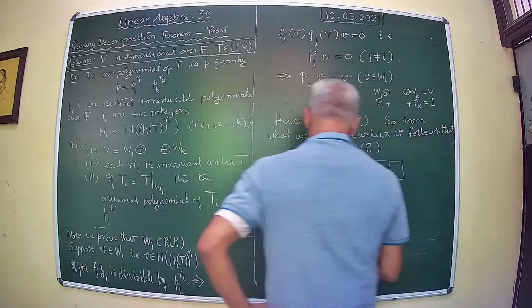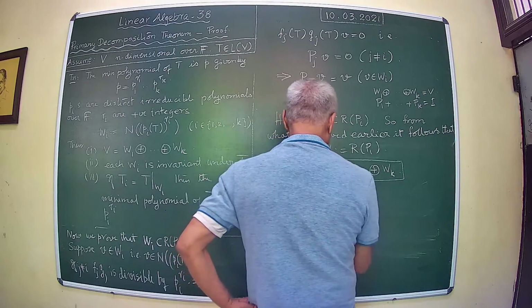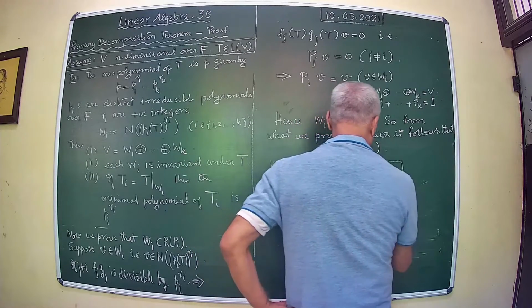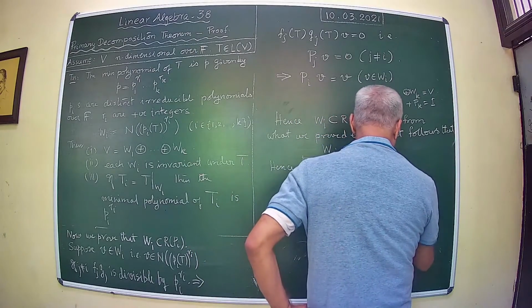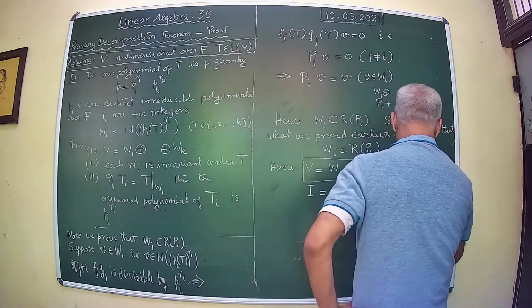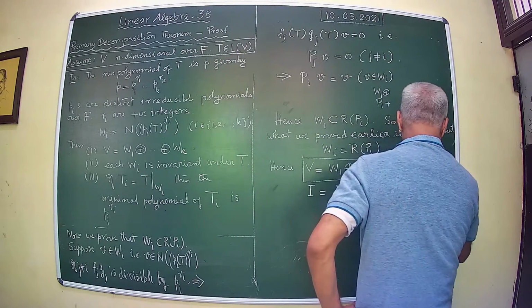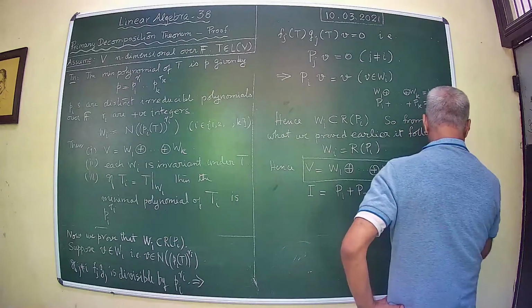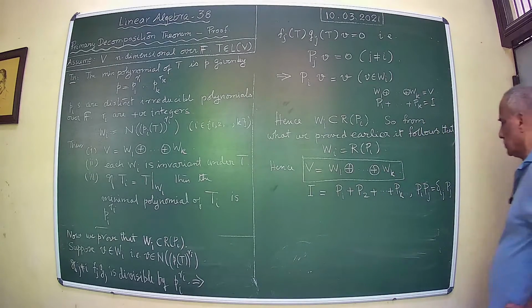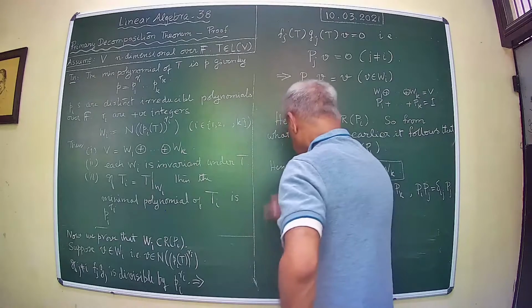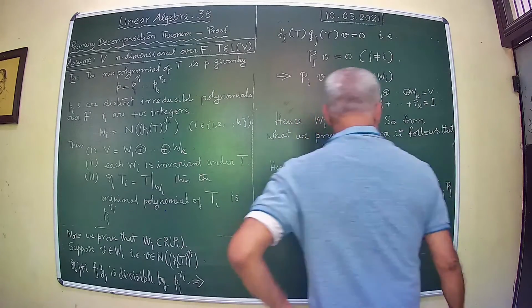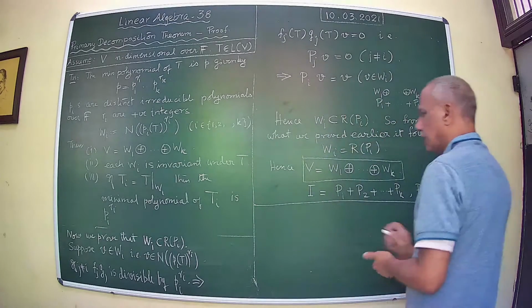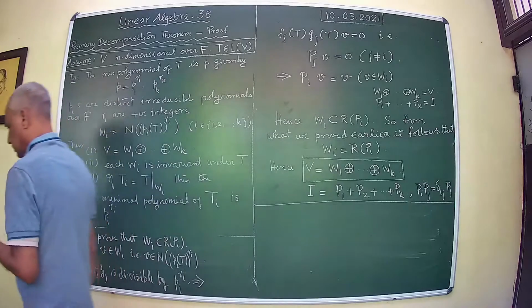What you have is Wi equals Ri. So that completes the proof of the first part.